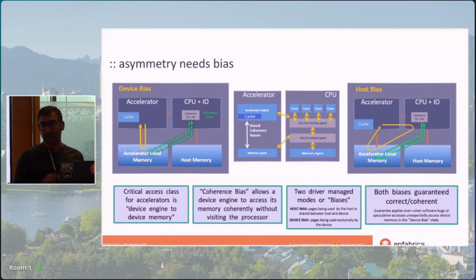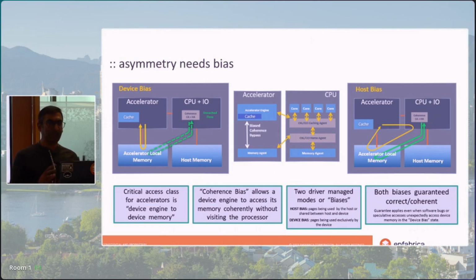And this is what the bias actually tells you. So memory can be presented as biased towards the device, in which case the primary copy lives with the device and only a shadow or a synchronizing event is sent to the host, or vice versa.